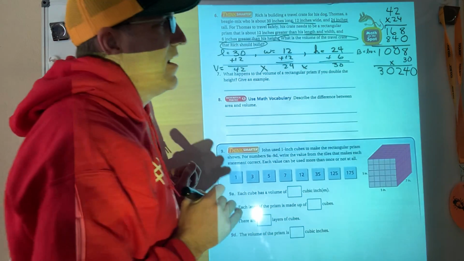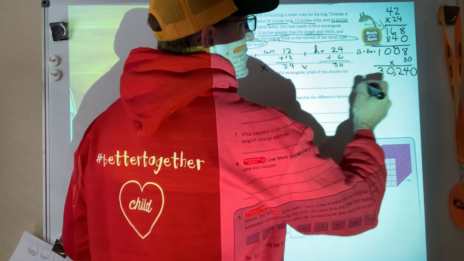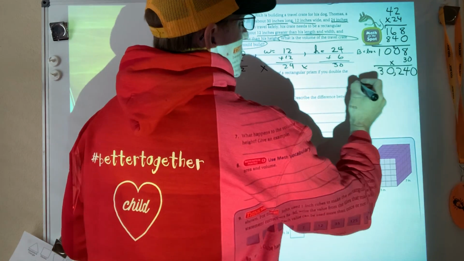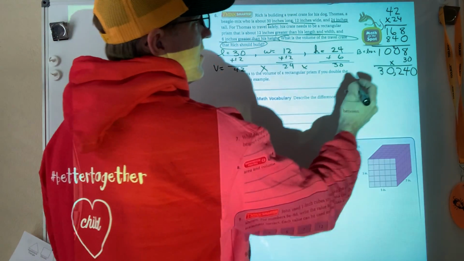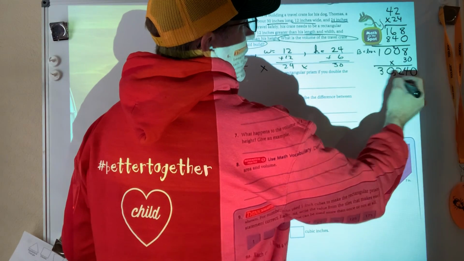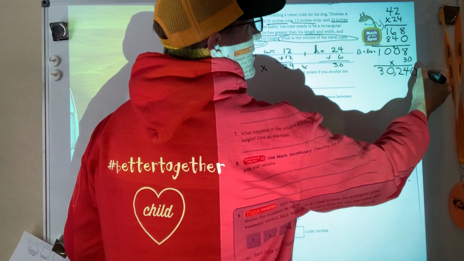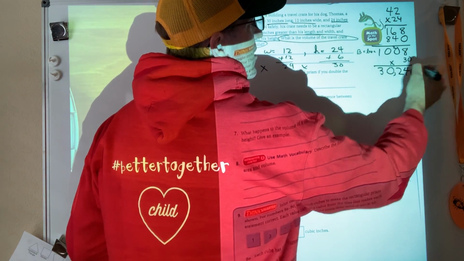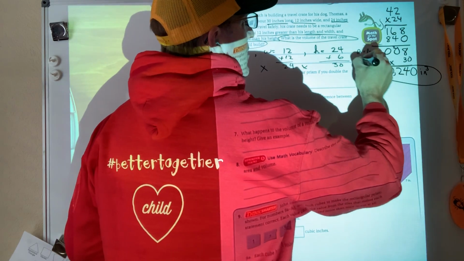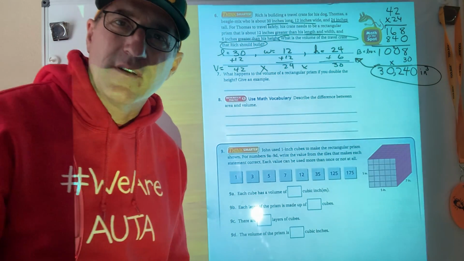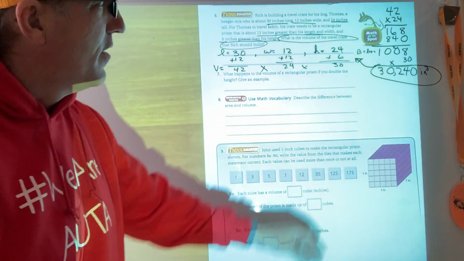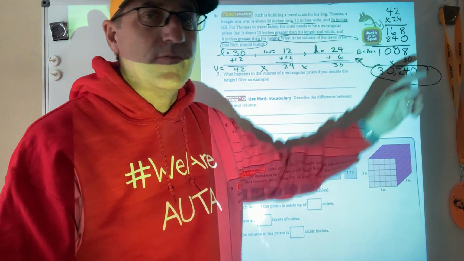I get 30,240. So my answer here, where I didn't give myself a lot of room, is 30,240. This is going to be inches cubed. Like I told you, it's going to be a big old number, right? 30,240 inches cubed.